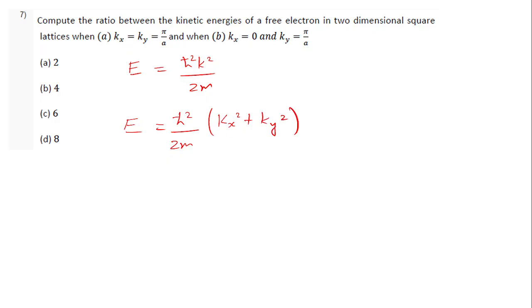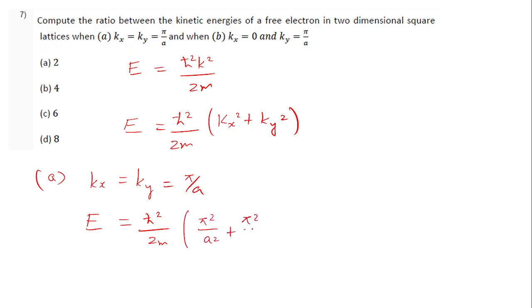We have to find out the kinetic energy of a free electron in a 2D square lattice when kx is equal to ky is equal to pi by a. That means this energy expression will become h bar square divided by 2m times pi square by a square plus pi square by a square, the same.